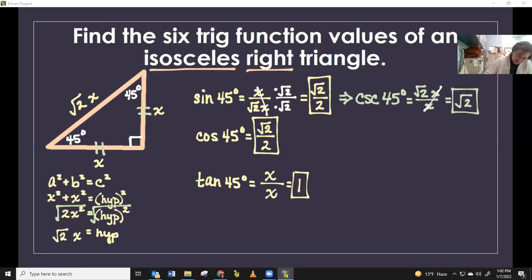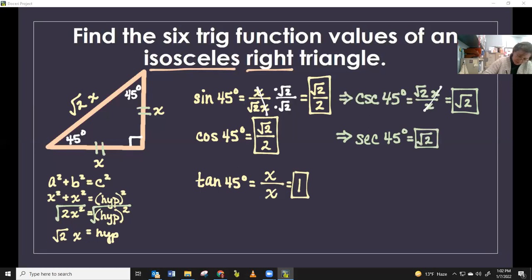What is the reciprocal trig function of cosine? Secant, thank you. What would the secant of 45 degrees be? Square root of 2.